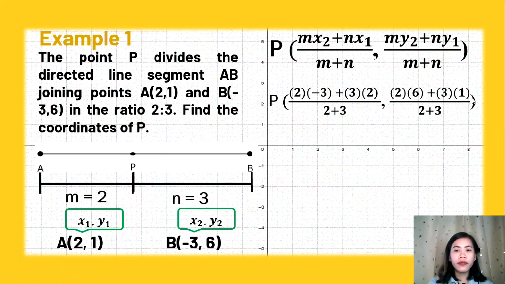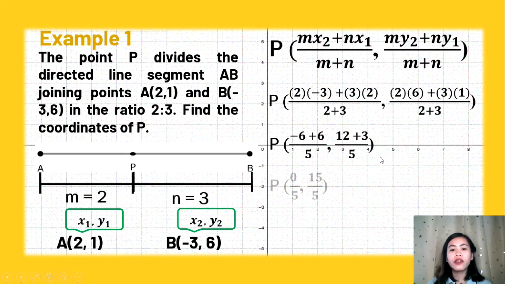Simplifying, we have 2 times negative 3 is negative 6 plus 3 times 2 is 6 all over 5. And 2 times 6 is 12 plus 3 times 1 is 3 over 5. So we have 0 over 5 and 15 over 5. Our final answer, coordinates of P, we have (0, 3).